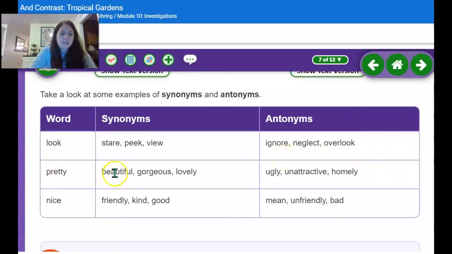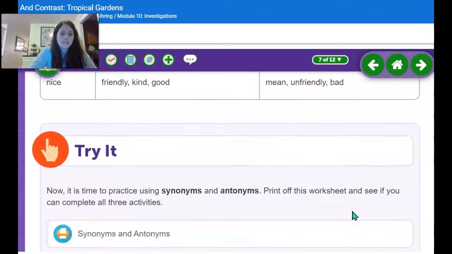Okay, the word pretty, some words that mean the same thing: beautiful, gorgeous, lovely. Words that mean the opposite would be ugly, unattractive, homely. Now, if the word was nice, some words that mean the same thing, synonyms: friendly, kind, good. Antonyms: mean, unfriendly, and bad would all be our opposites.